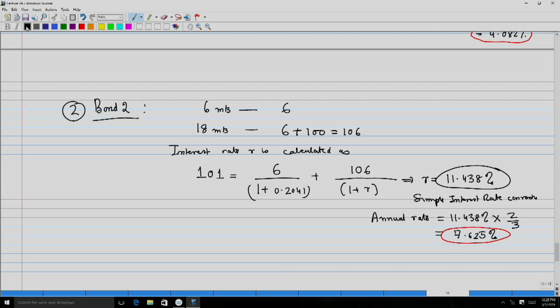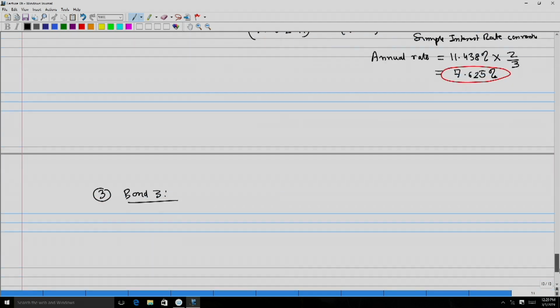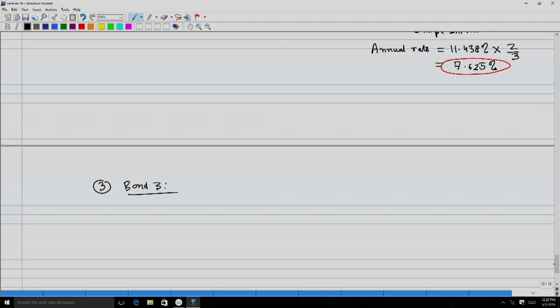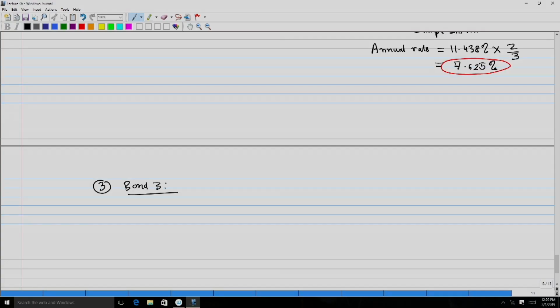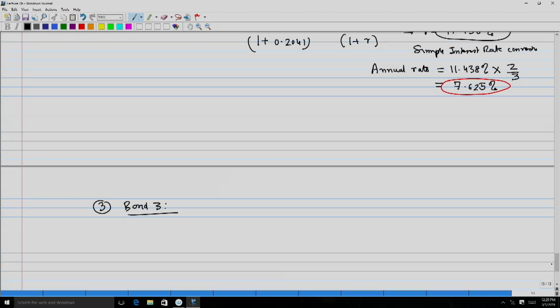So, in case of the third bond, bond 3, what are the characteristics? Remember that in case of bond 3, the nominal face value is again 100 and the coupons being paid are of an amount of 8 at the end of 6 and 18 months, and at the final time point, at the end of 2.5 years, you get 8 plus 100.